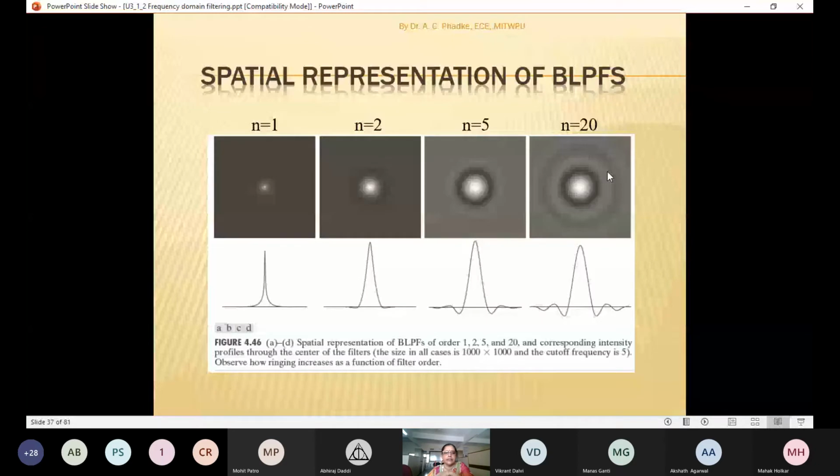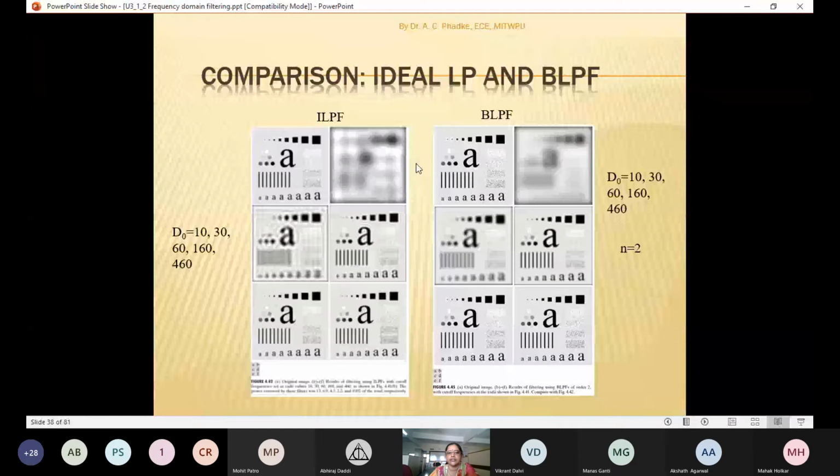So with this picture, you can compare results of ideal low pass filter with Butterworth low pass filter. This is your original image, and it is filtered by various ideal low pass filters.